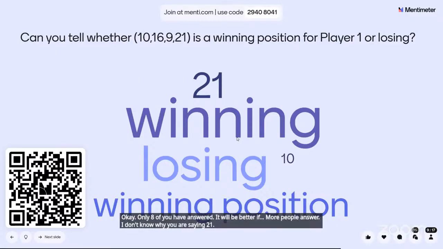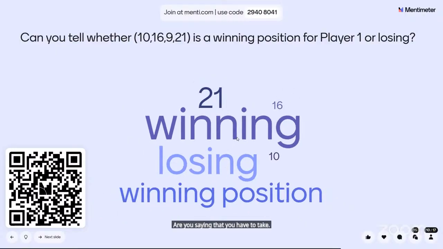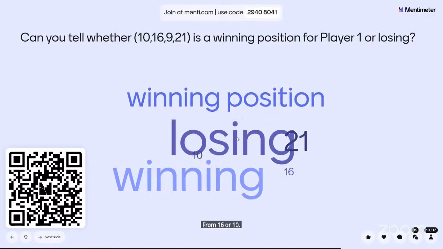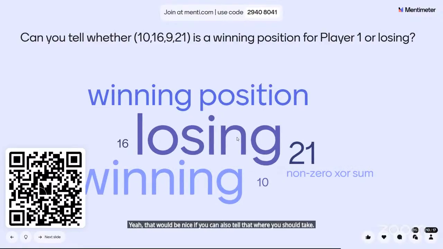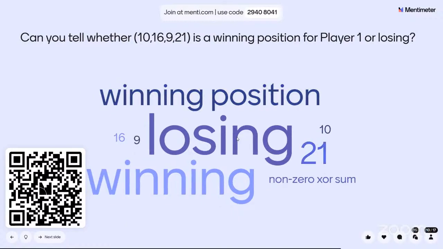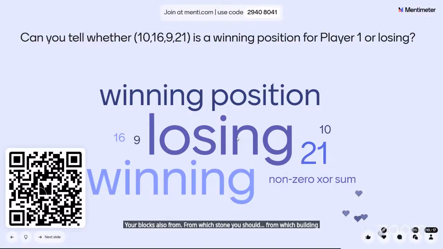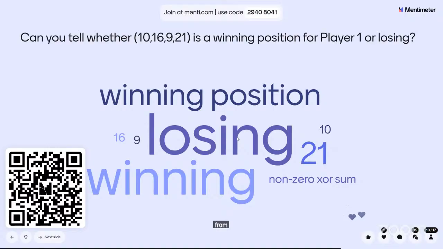Are you saying that you have to take blocks from 21, from 16 or 10? It will be nice if you can also tell from which heap you should take your stones.